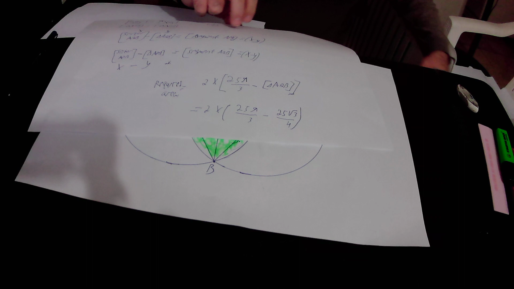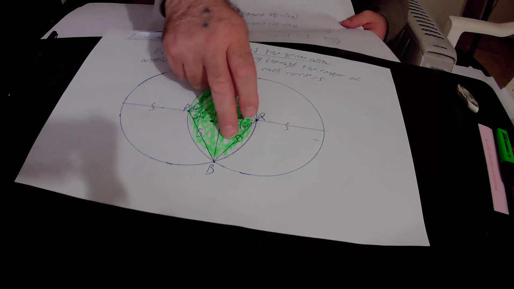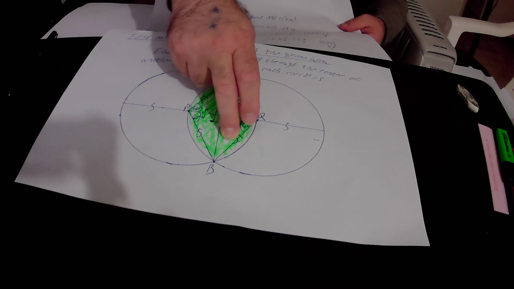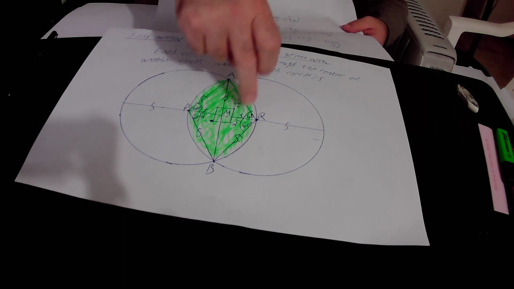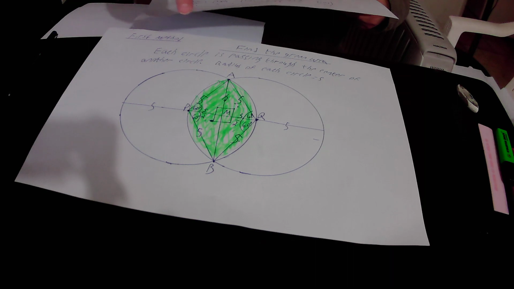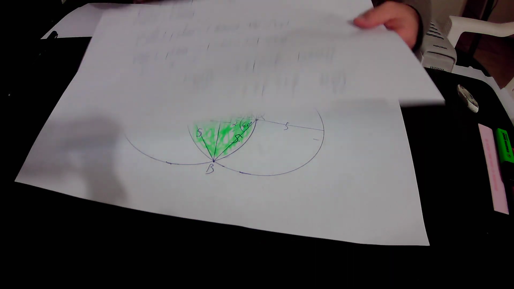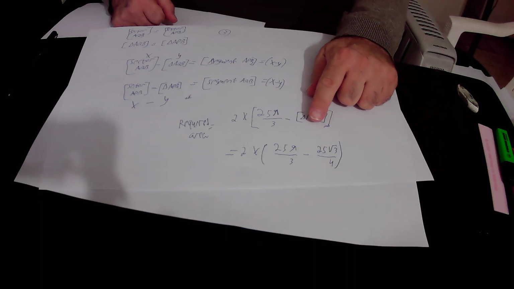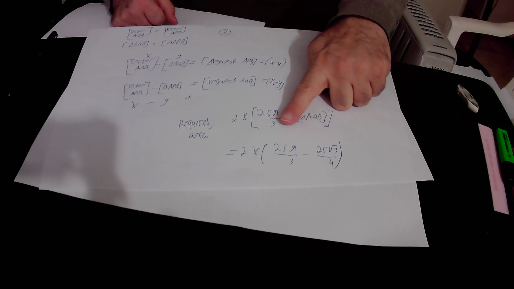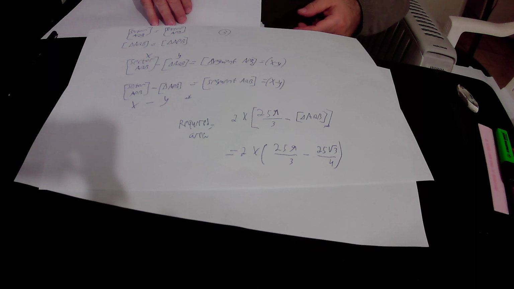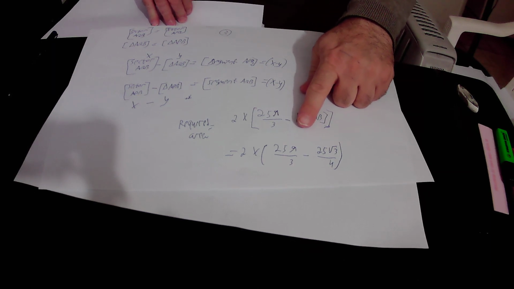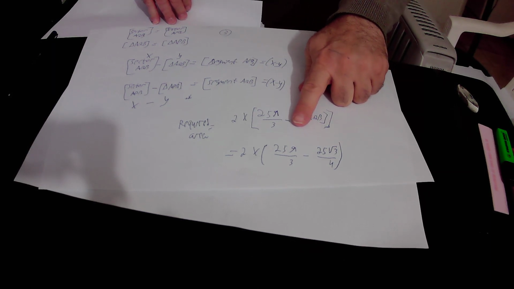So the area of the sector minus the area of the triangle equals the area of the segment, that is half of the area that is required. And if we multiply the area of segment AQB by 2, we will get the required area. Okay, so here we took 25 out as a common factor.